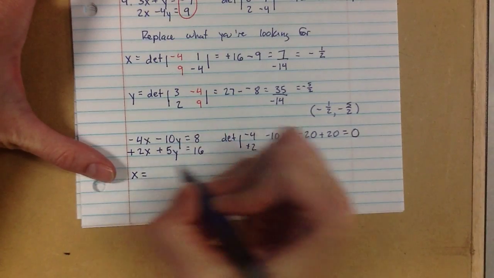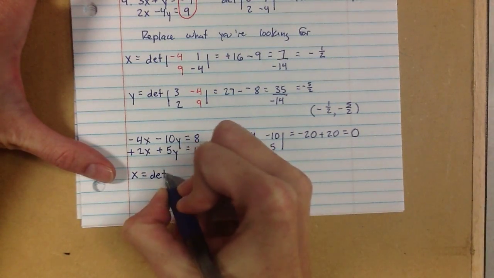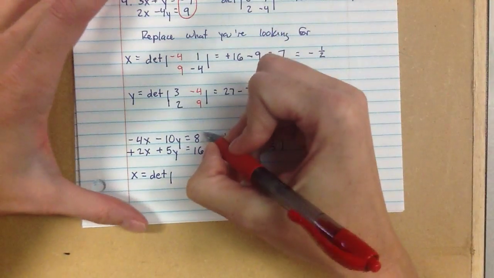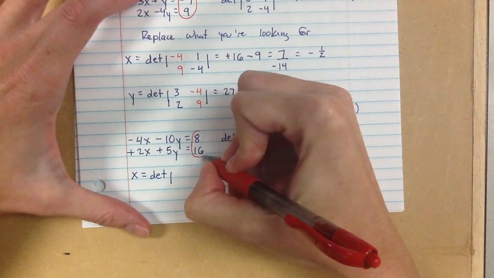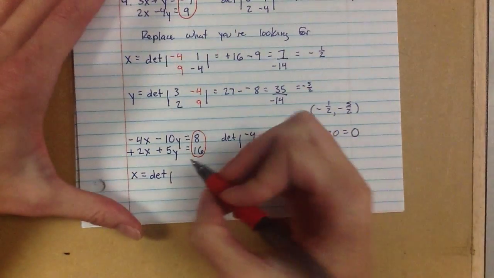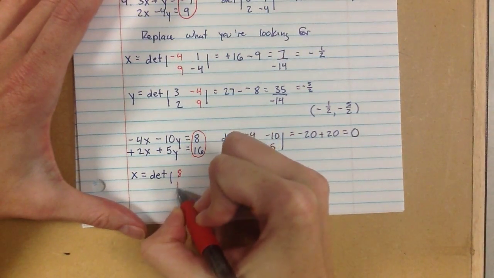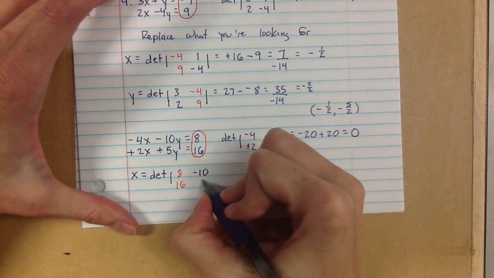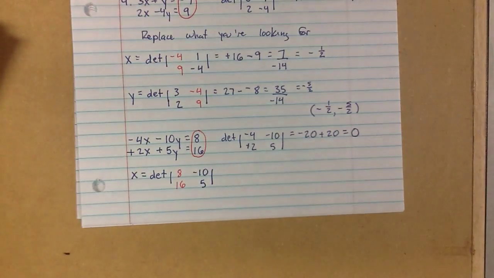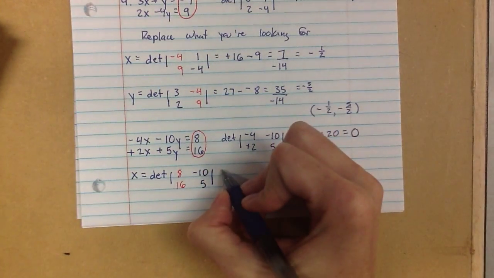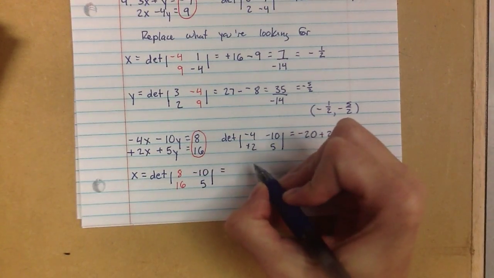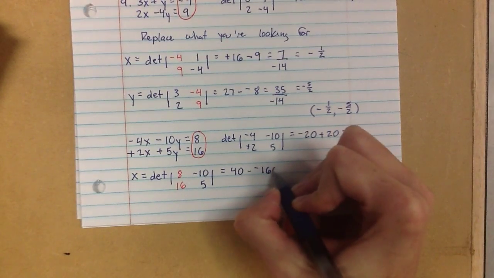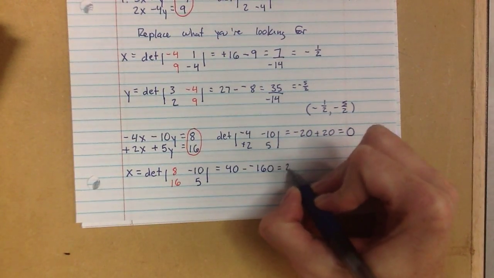So what am I going to replace then? If I'm looking for x, who gets replaced? Negative 4 and 2. So we're going to replace them with 8 and 16. So 8, 16, negative 10, 5. So I get 40 minus negative 160, which is 200.